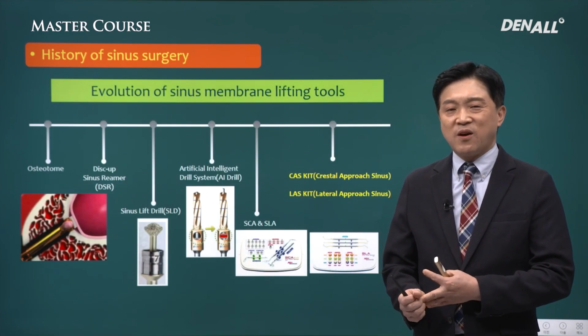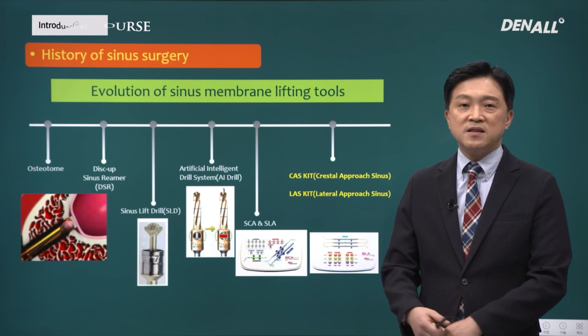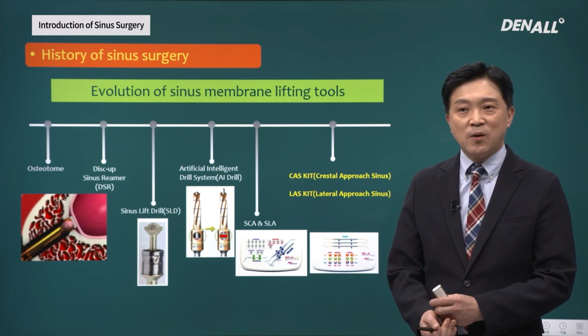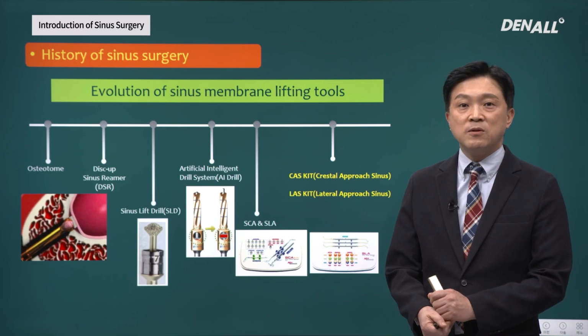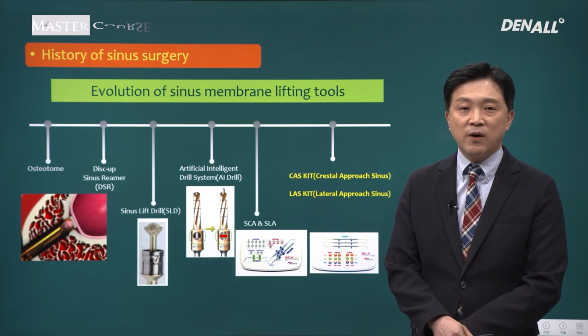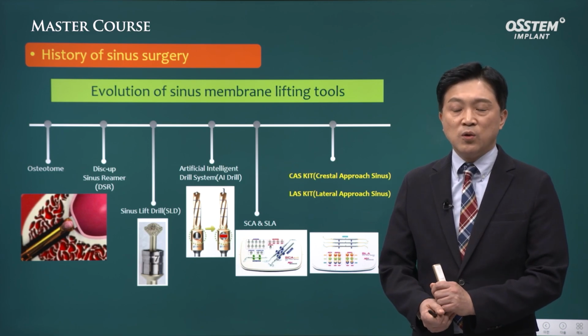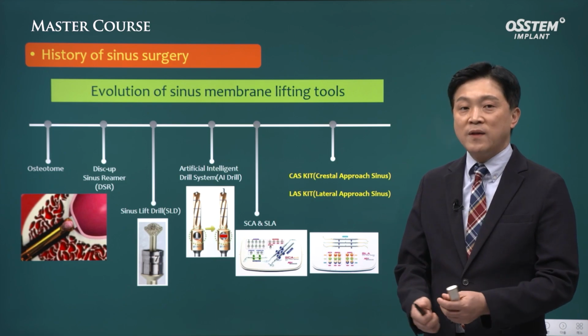However, most of these techniques come with side effects. One of the most common side effects is that the patient suffers. Because osteotome involves malleting, the patient feels significant discomfort upon malleting. There were ways that forego osteotome.